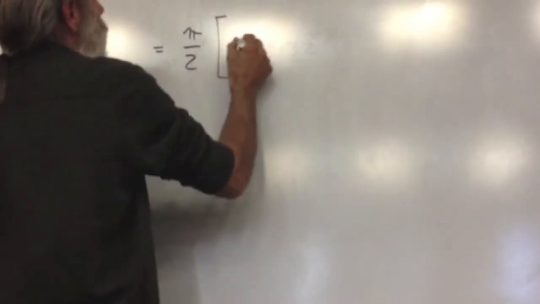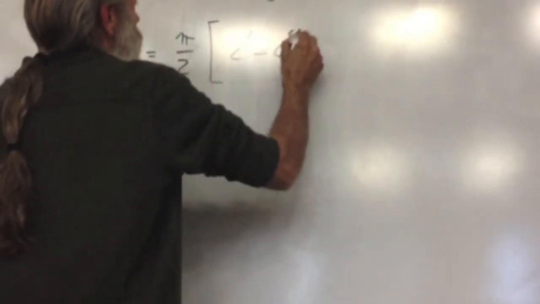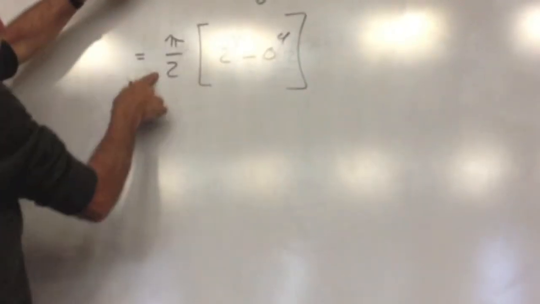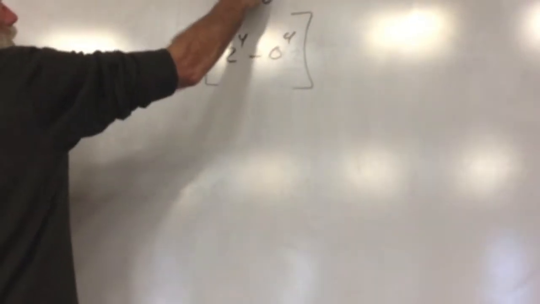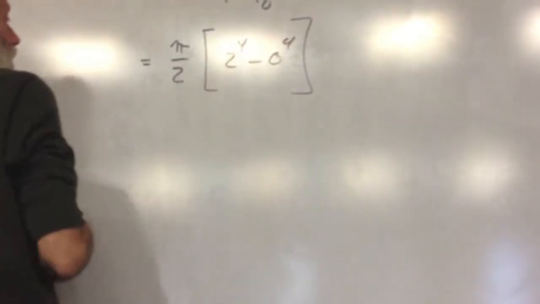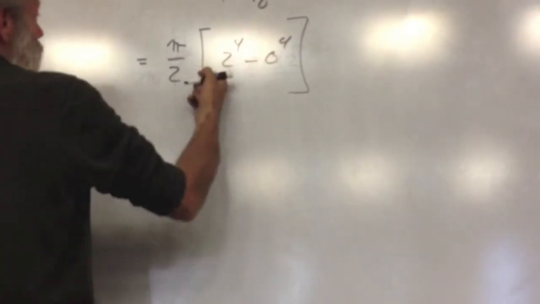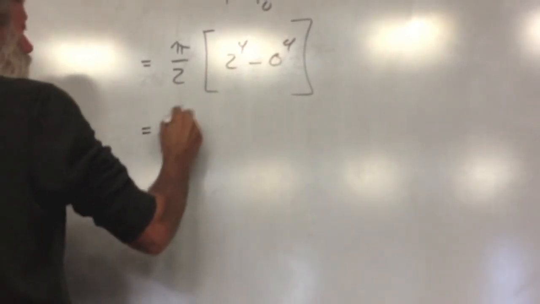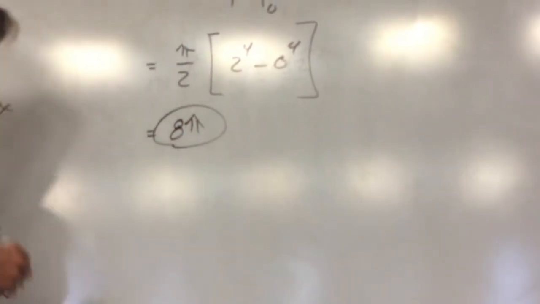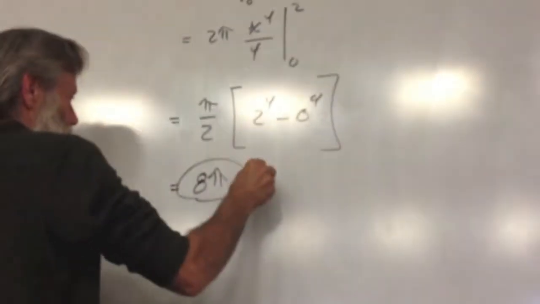Therefore we have pi over 2 times 2 to the 4th minus 0 to the 4th. We just cancel the 2 and the 4. Right, pi over 2, evaluating the x to the 4th at 2 and 0. It's 16 over 2, or 8 pi cubic units.